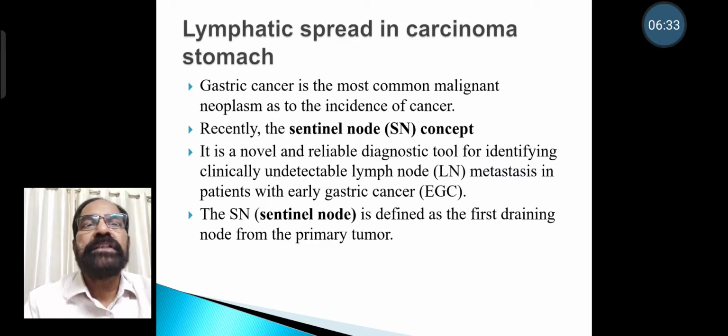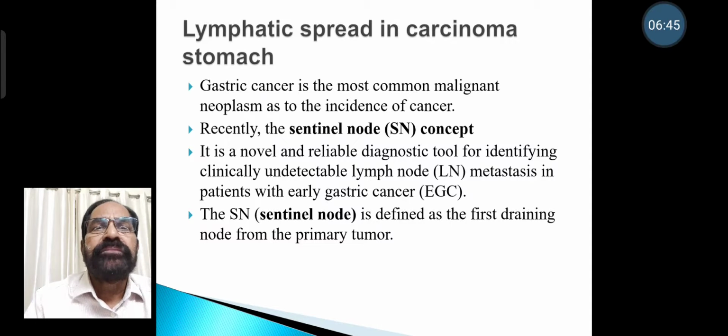Then we go to lymphatic spread of the carcinoma of the stomach. Gastric cancer is the most common malignant neoplasm, as in the incidence of cancer. Recently, sentinel node concept.